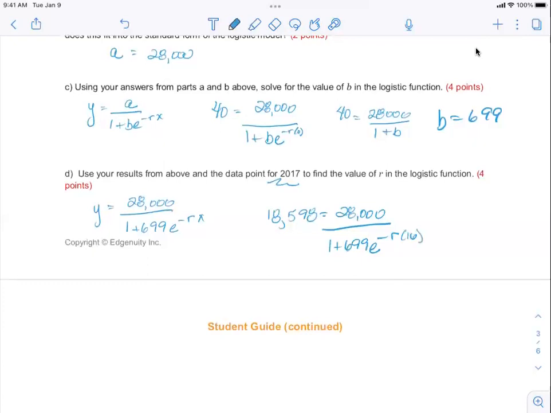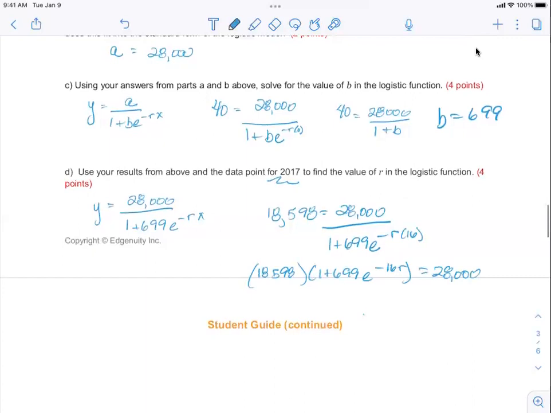There's going to be some multiplying and some distributing that we have to do. So 18,598 times 1 plus 699 e to the negative 16r is equal to 28,000. You can distribute and get all sorts of stuff.